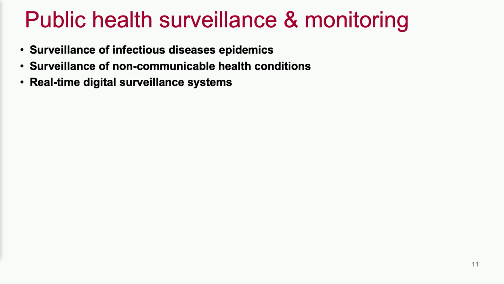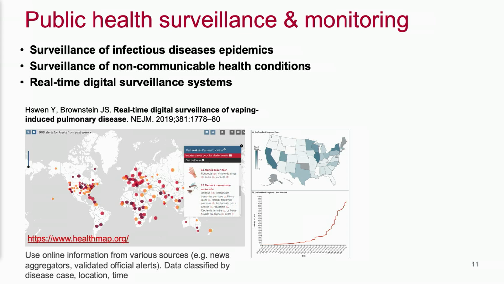And AI-powered approaches may provide information that can be collected, processed, and analyzed for building real-time digital surveillance systems. So now I selected for each domain some publications. Of course, it's just a selection of publications to show examples that were published in scientific papers.